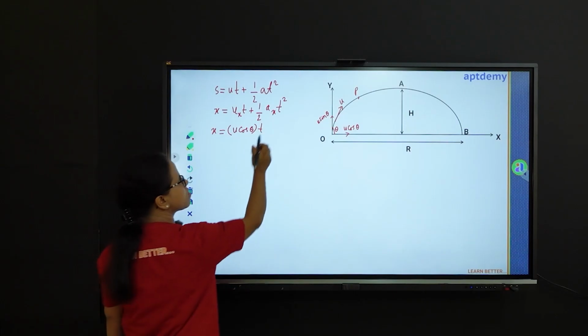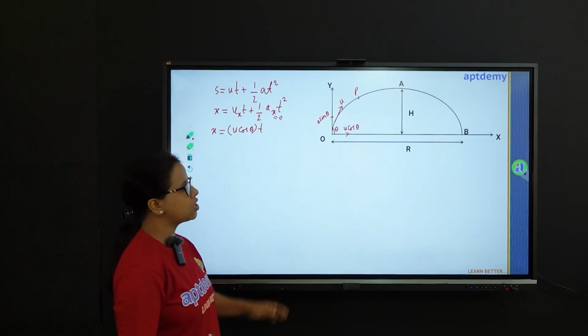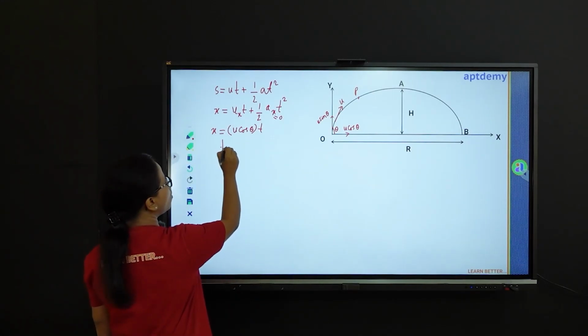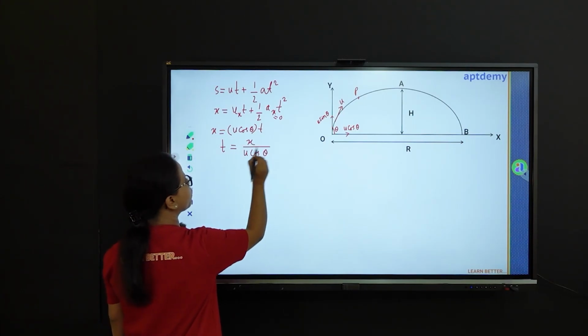Now have a look at this. ax is 0 because there is no component of acceleration in the horizontal direction. Now from this, at one go we shall find out an expression for t. t will be equal to x by u cos theta.